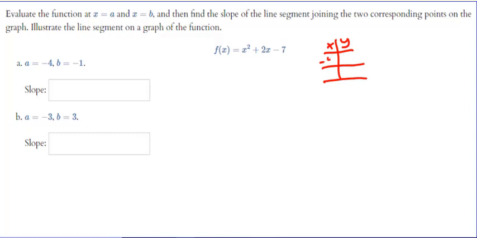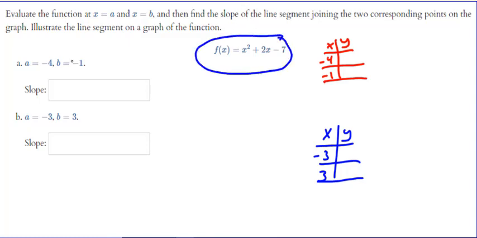And x would be -4 and the x would be -1. And they want us to turn around and do it again as -3 and 3. And then find the slopes of each one. So what I want to do is show you how to type this equation into your calculator and evaluate those. That way it's a lot cleaner.